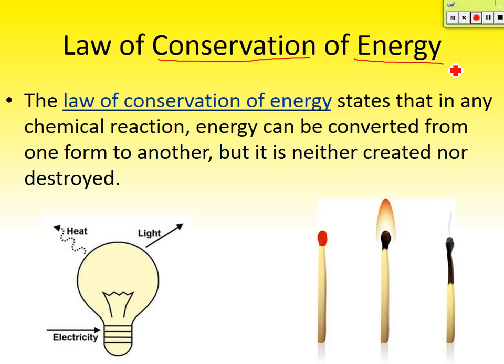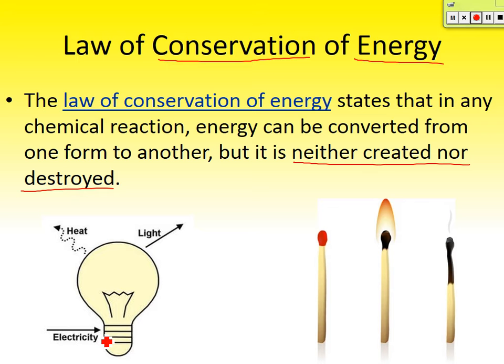So that last part, can we create energy, guys? No. Can we destroy it? No. But can energy change forms? Yes. And so here's what I mean. I've got a picture of this light bulb down here. If we have energy coming into the light bulb in the form of electrical energy, let's quantify this.